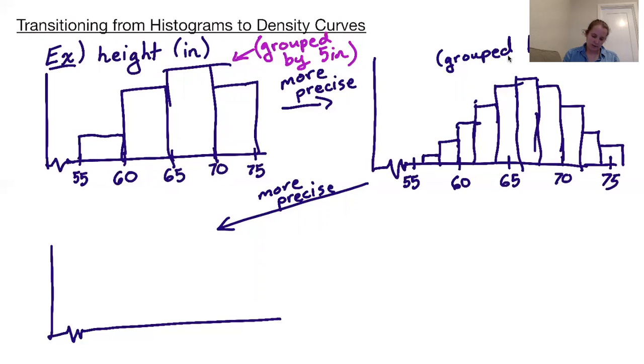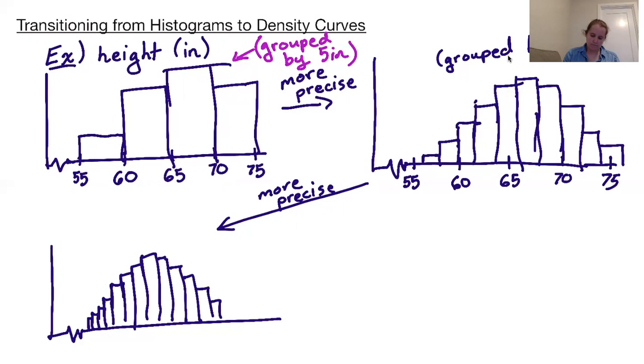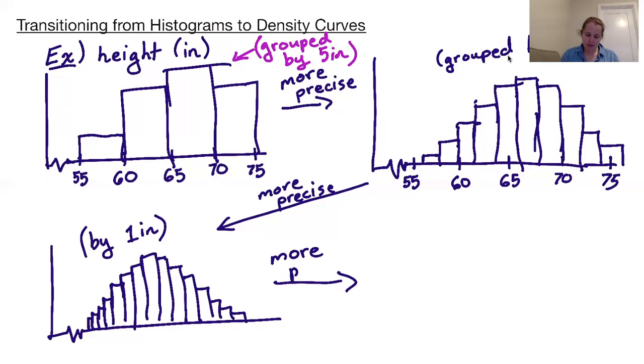We could do by ones and have even narrower bars. So this is by 1 inch. And we could just keep going narrower and narrower. And as we go, this graph starts to take on more or less the same shape.